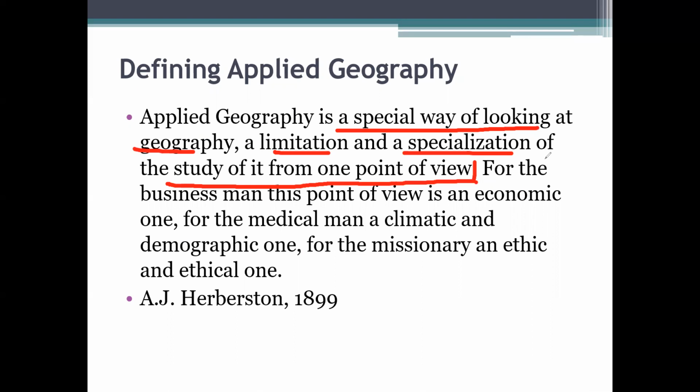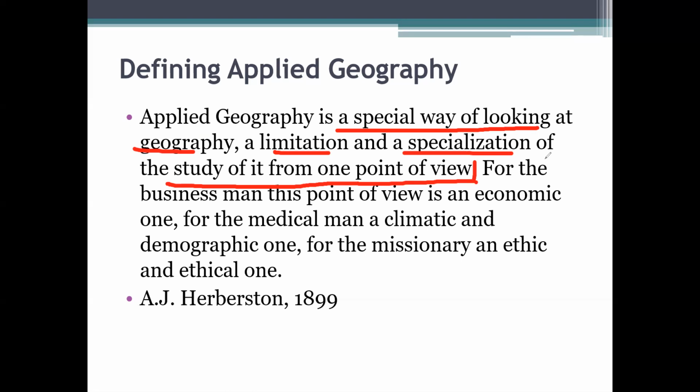But the difference is it tries to look at something from one point of view, different points of view. For example, a businessman's is economic, a medical man's is climatic and demographic, a missionary's is ethical. Those are the examples.